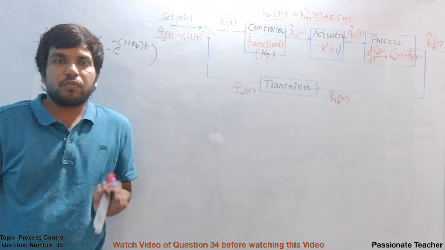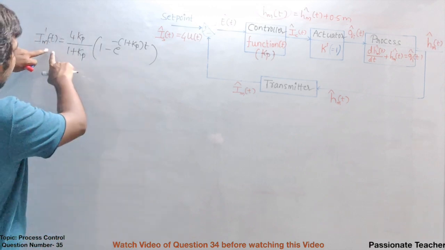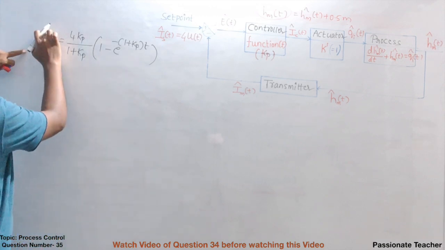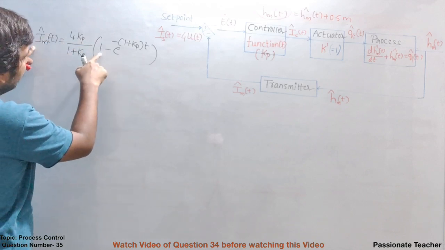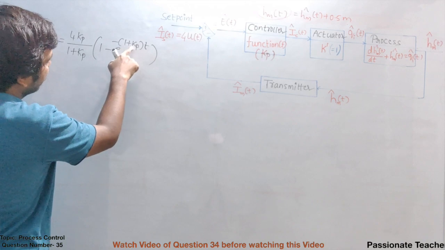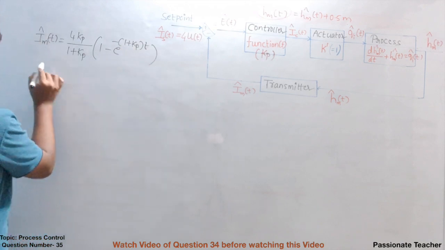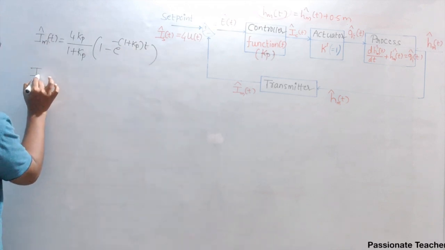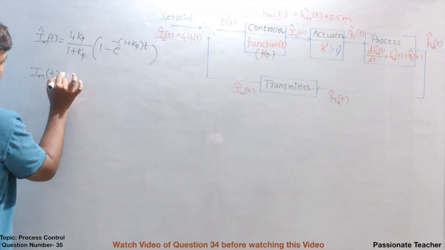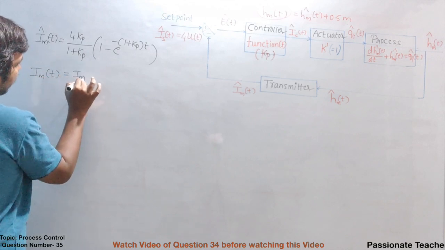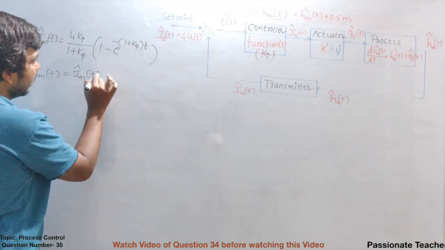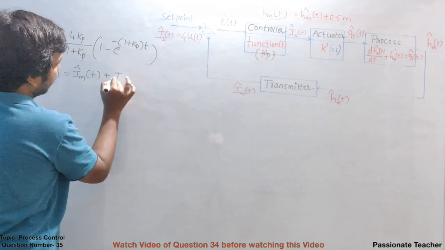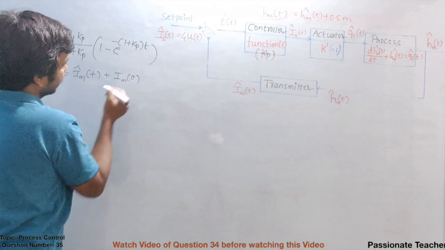Yes. After finding the value of C, we can write down the current, that is Im cap of t, equals 4 kp by 1 plus kp into 1 minus e power minus 1 plus kp times t. Now, the actual current of the transmitter can be written as Im of t is equal to the deviation in the meter current, that is Im cap of t, plus the initial current, that is Im of 0, right?